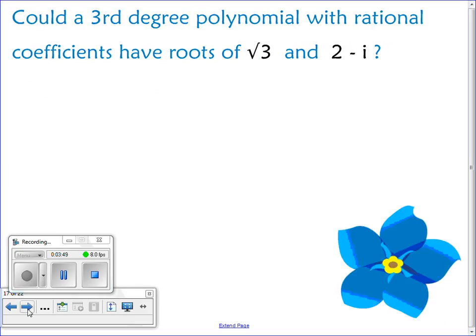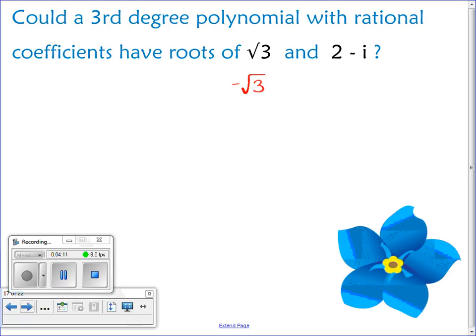Okay? Could a 3rd degree polynomial with rational coefficients, just don't worry about the rational coefficients, everything we're doing has a rational coefficient, could it have roots of radical 3 and 2 minus i? Why not? I'd have 4 answers, right? Because if I have radical 3, I also have negative radical 3.